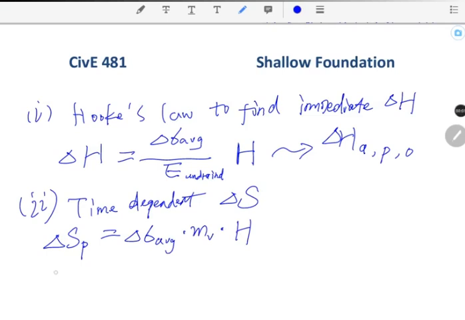And for the settlement at a given time, we need to find the time factor first using the given time.